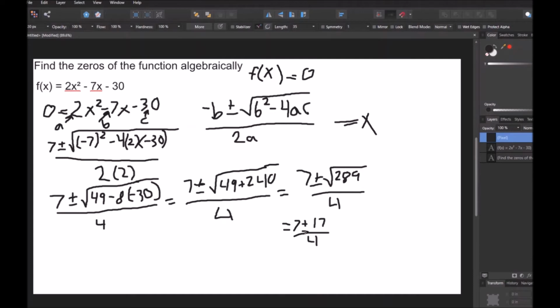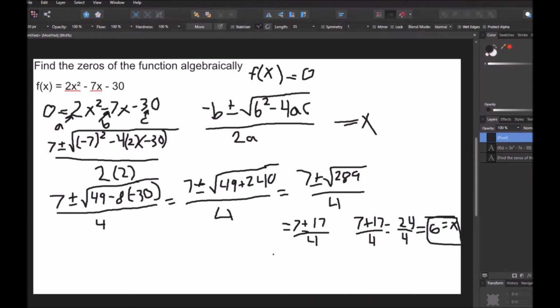Now we have to evaluate each individual plus and minus. So 7 plus 17 over 4 is 24 over 4, which is 6. Meaning, if we were to plug 6 in for x, we'd get 0 here.